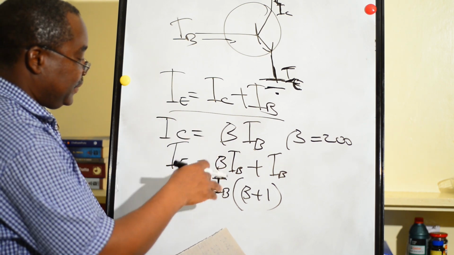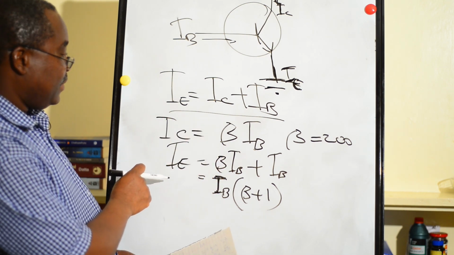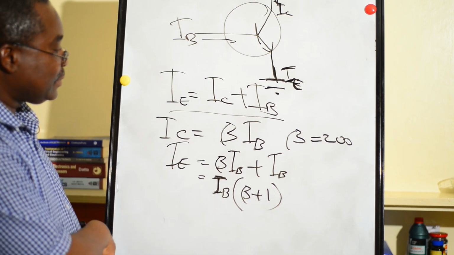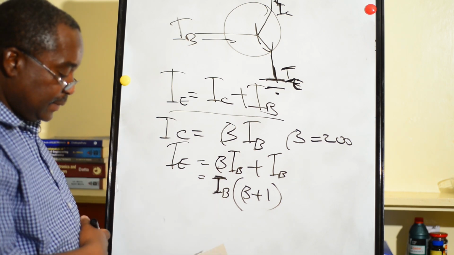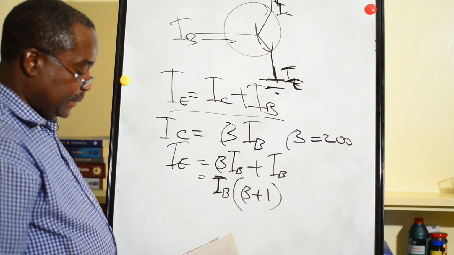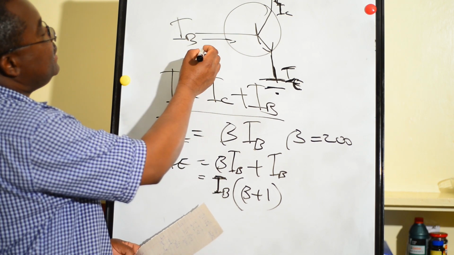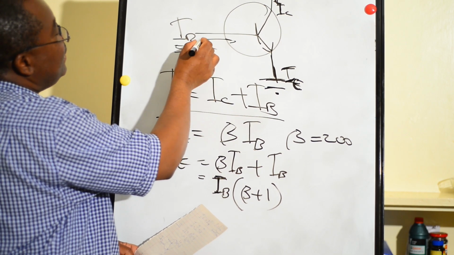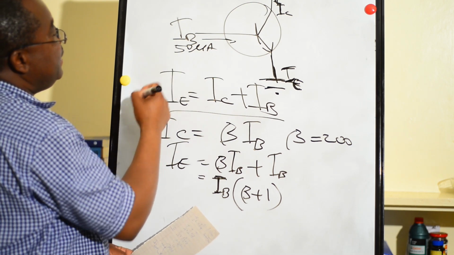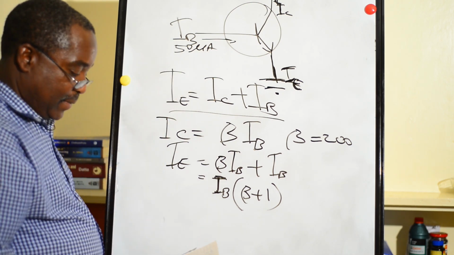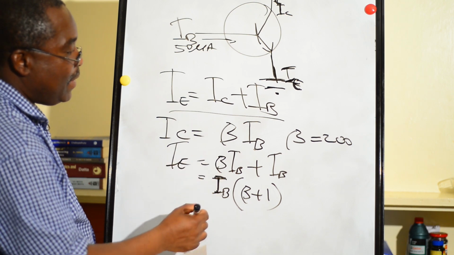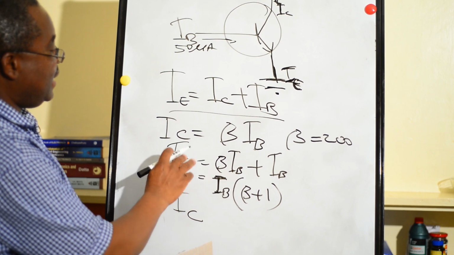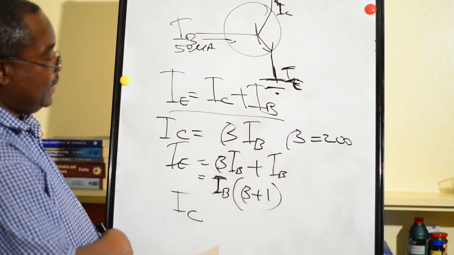Now we are looking for IC. So let's take IB as 50 microampere. This is your IB. IB is 50 microampere. So our IC here, from the first formula, IC is beta IB.